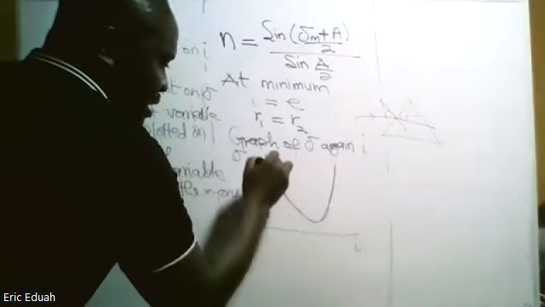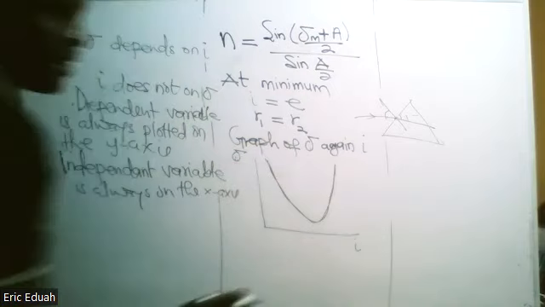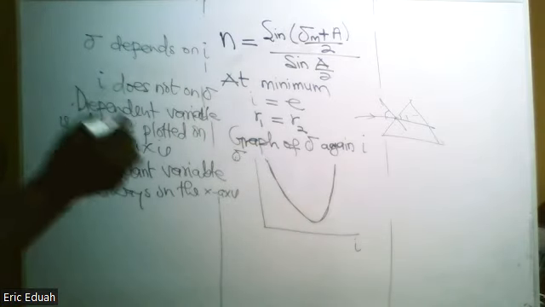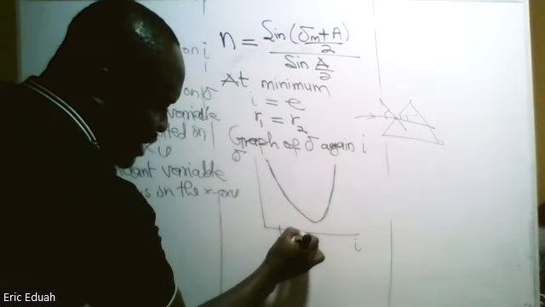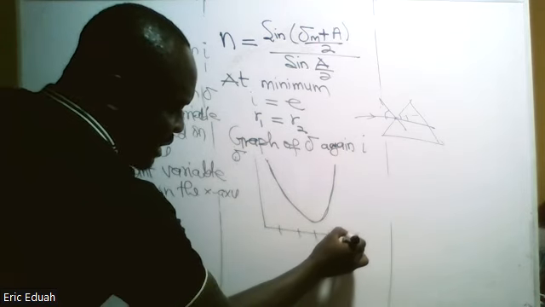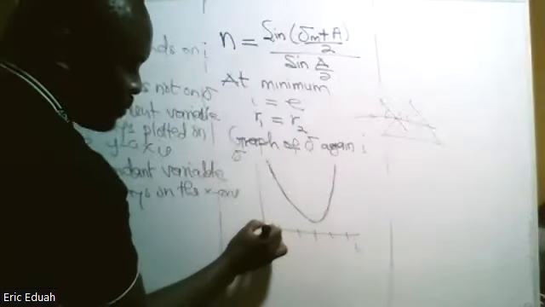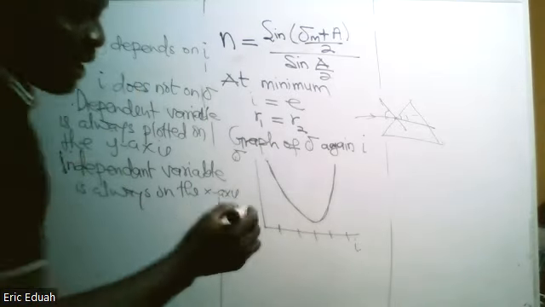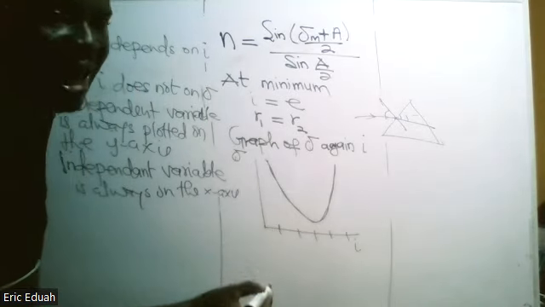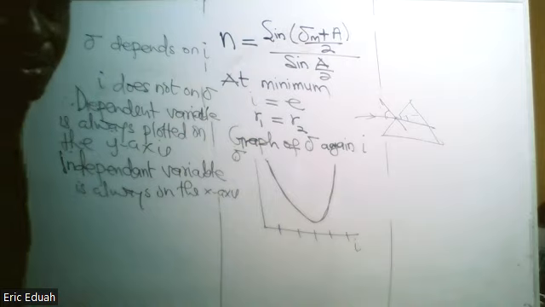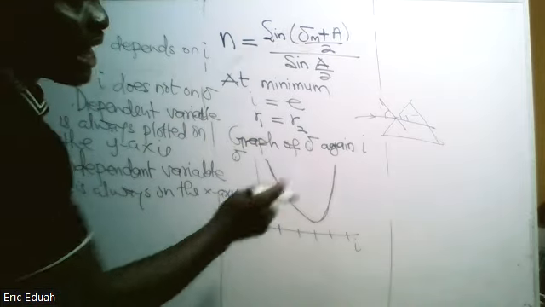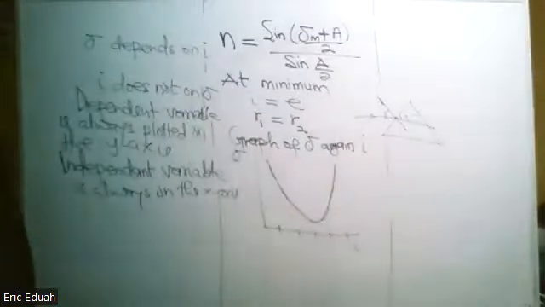When you plot deviation against angle of incidence, you have this curve. Let's assume that I changes in this manner. I cannot be zero, because when I is zero, we wouldn't have any deviation within the prism.